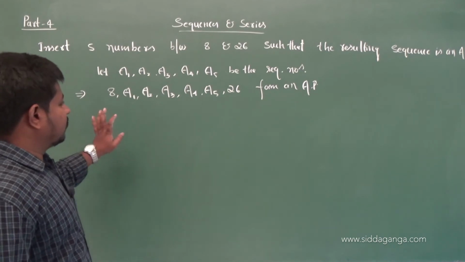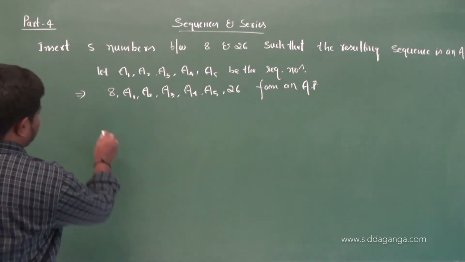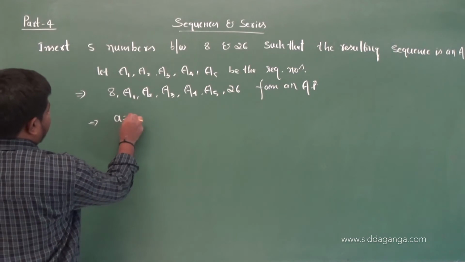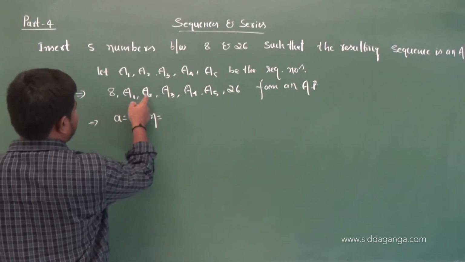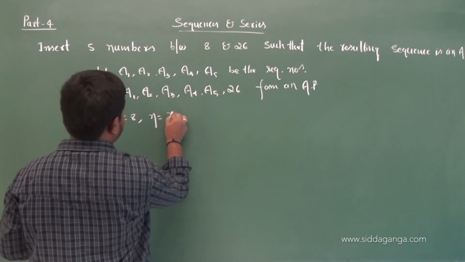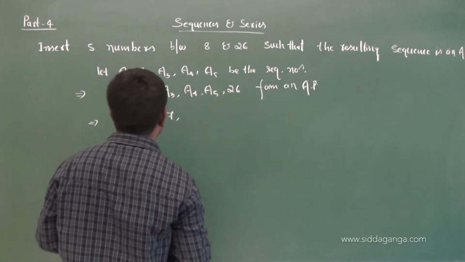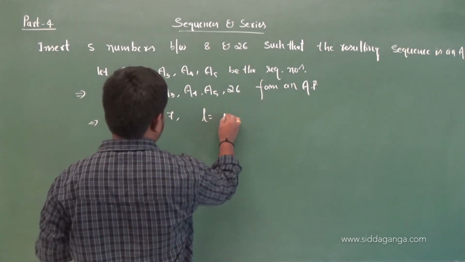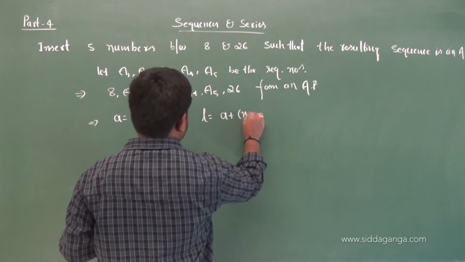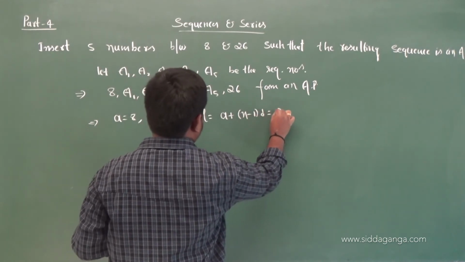So the total number of terms: we have first term A is equal to 8, right? N is equal to 5 plus 2, that is 1, 2, 3, 4, 5, 6, 7, so N is equal to 7, and D can be found using the last term. Last term L is equal to A plus (N minus 1) into D, which is equal to 26 given.